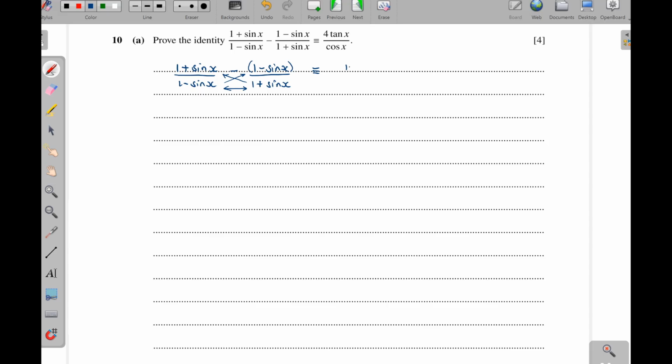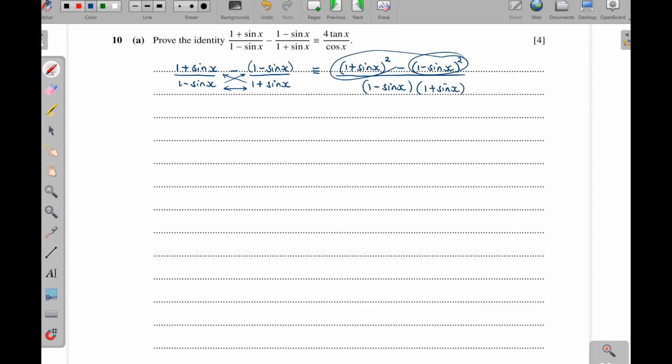So we shall have 1 plus sine x, then times 1 plus sine x. In fact, I can just write this one as this one squared, then minus also 1 minus sine x is squared. You see that? Then out of, this is 1 minus sine x, and then 1 plus sine x.